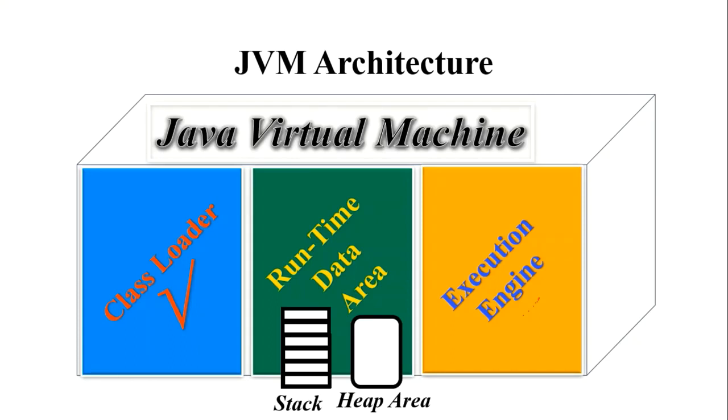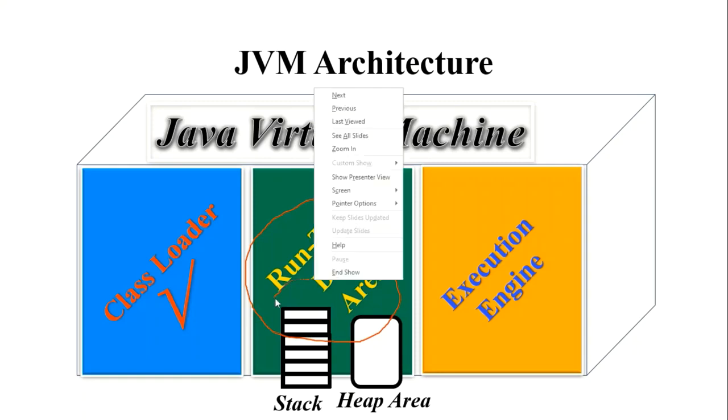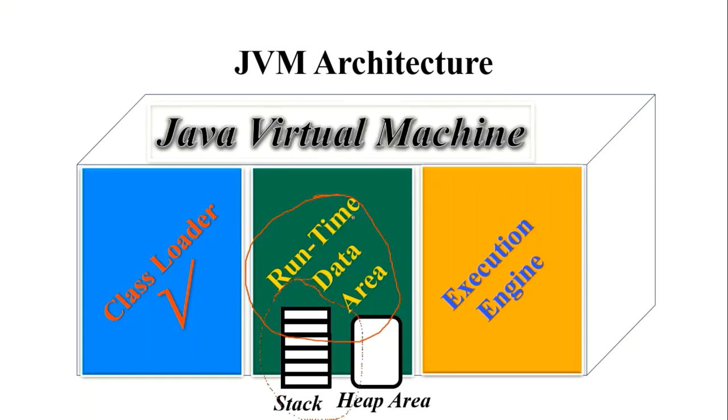This runtime memory area comprises many types of memories like method area, heap memory area, stack memory area, program counter register, and native methods. However, we only discuss the stack memory area inside the runtime data area.